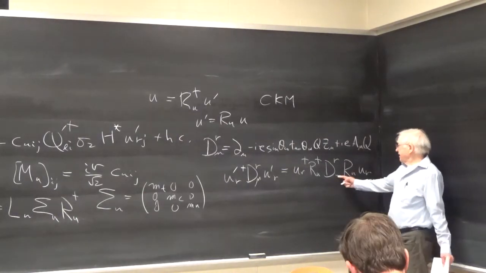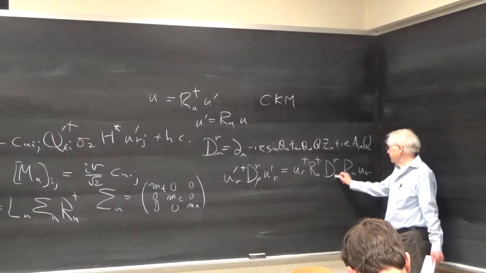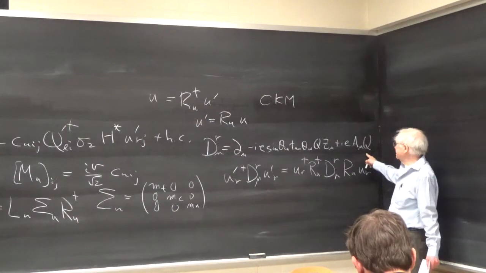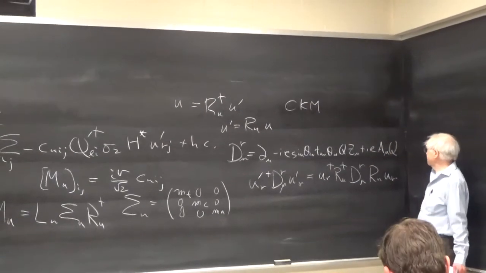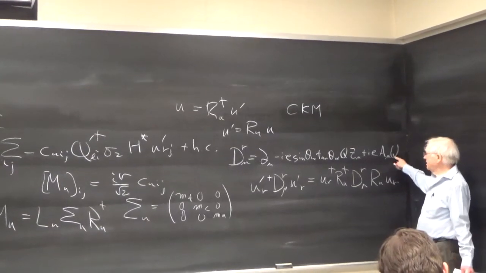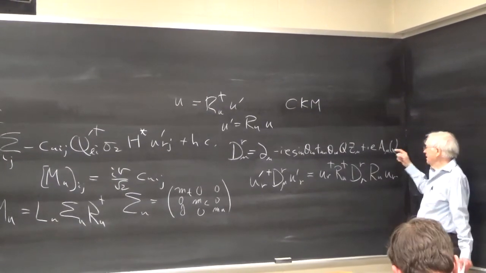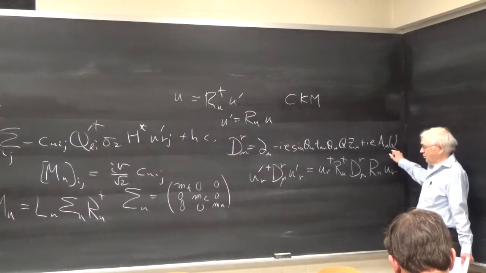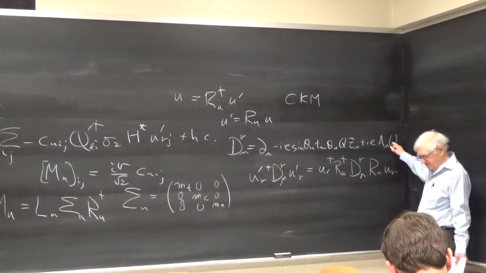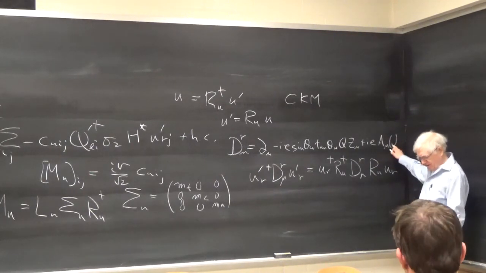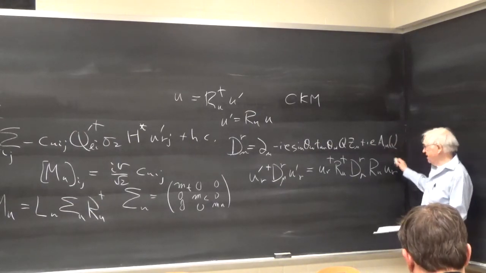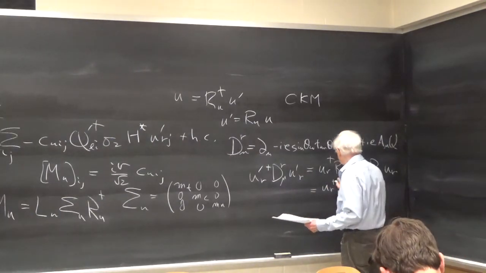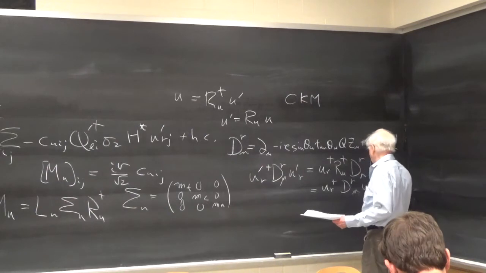And now what is this thing? Well, this is A mu. This thing is diagonal in the 2x2 space because Q, in other words, when this acts on a neutrino field, it leaves it a neutrino field. It acts on an electron, it leaves an electron, it leaves up quarks, down quarks. And so consequently, this is the same as u right dagger D_R mu u right.